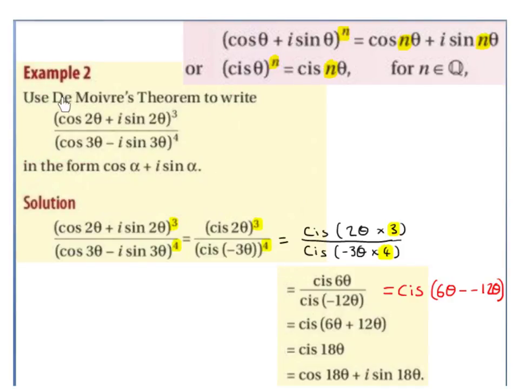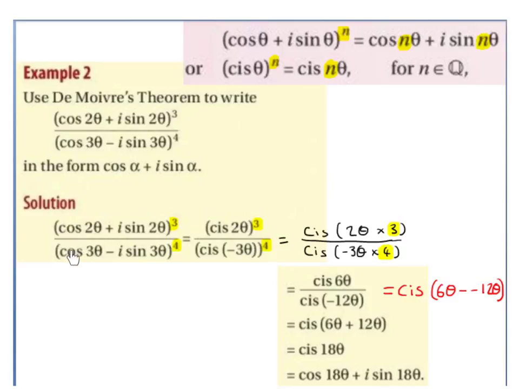Example 2. Use De Moivre's theorem to write (cos 2θ + i sin 2θ)^3 divided by (cos 3θ - i sin 3θ)^4 in the form cos α + i sin α. So first we're going to rewrite (cos 2θ + i sin 2θ)^3 as cis 2θ to the power of 3.